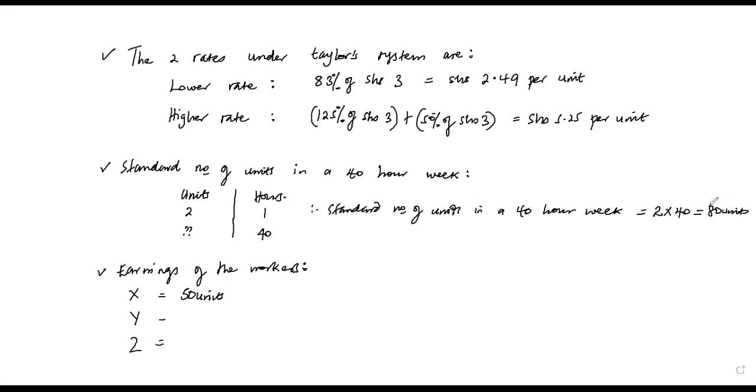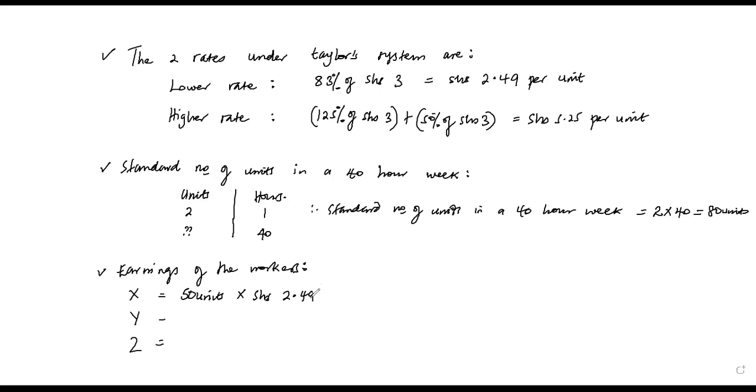So we are going to pay X using the lower rate. Remember, the lower rate is for the inefficient workers. Okay. So 50 units times shillings 2.49. That is X.